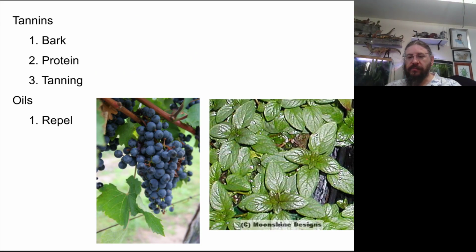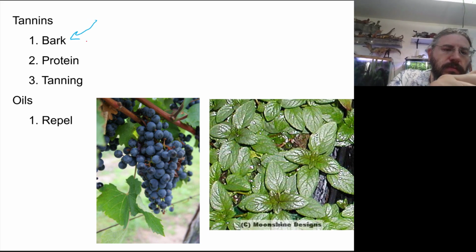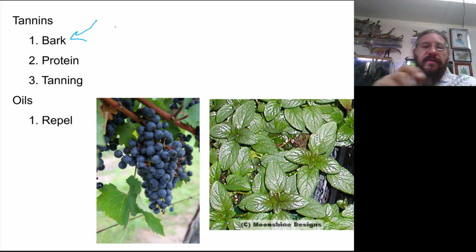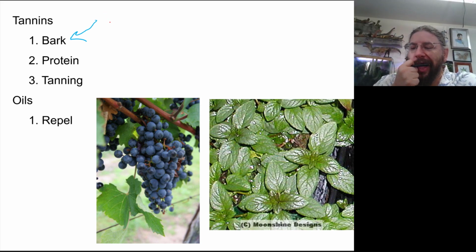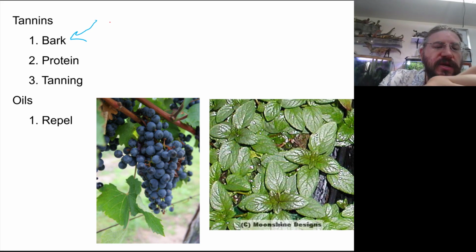Tannins. All right. Tannins can be found in bark. They are basically a chemical that is going to interfere with protein digestion. So, found in bark.